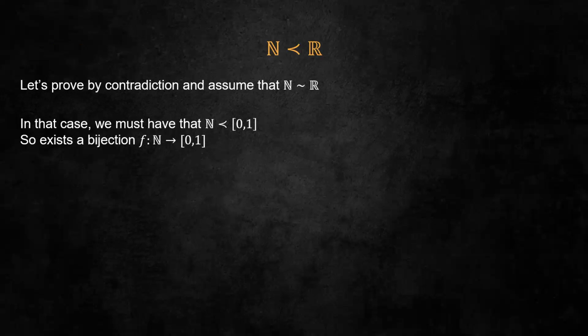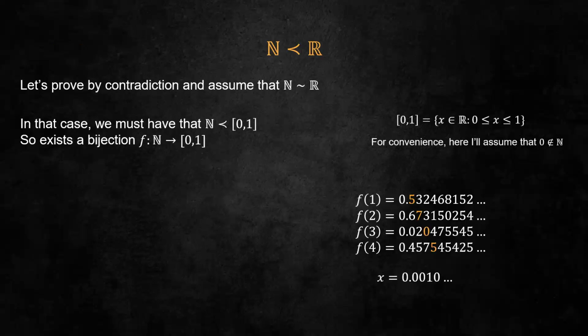If N and R have the same number of elements, then the interval from 0 to 1, including 0 and 1, must also have a bijection. And in this case, I'm going to assume that 0 is not a natural number. Let's see an example of some f.